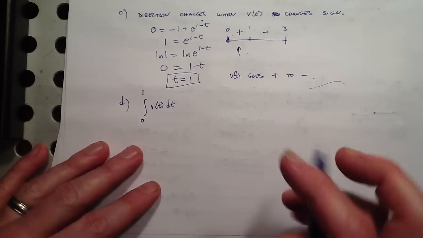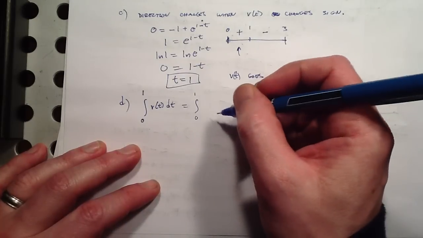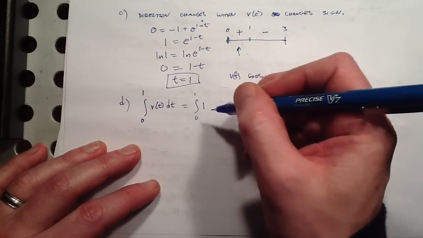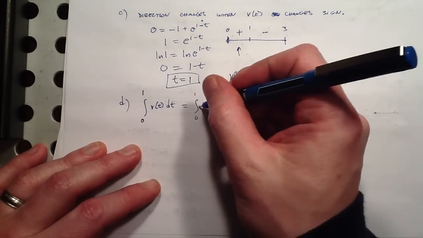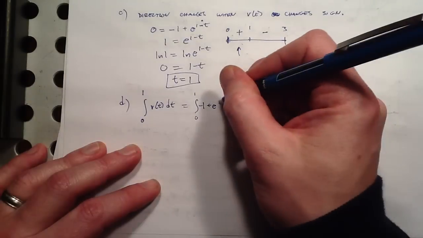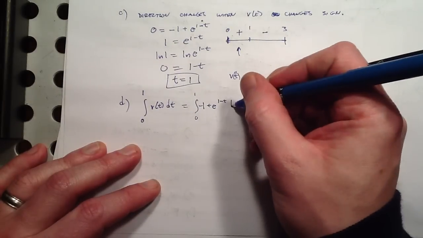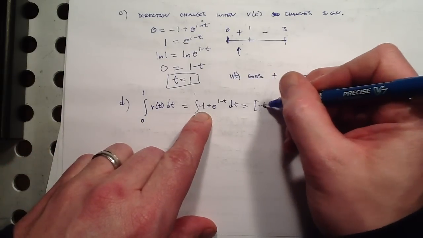So that is the integral from 0 to 1 of, where'd my velocity function go? It's negative 1 plus e to the 1 minus t, dt. The antiderivative of negative 1 is negative t.